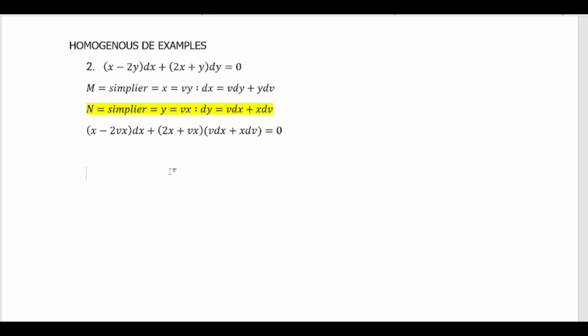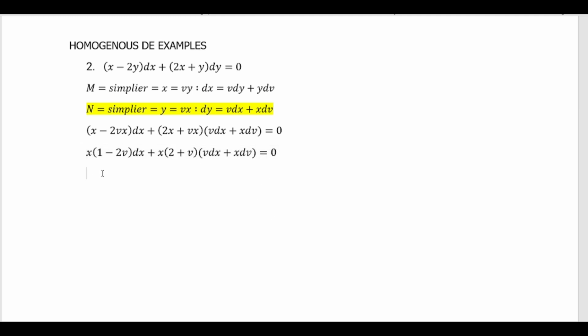So we're copying this one again. And then x will be factored out over here, so this one should be 1 and this one should be 2v only. On the other side, x will be factored out as well, leaving 2 plus v.